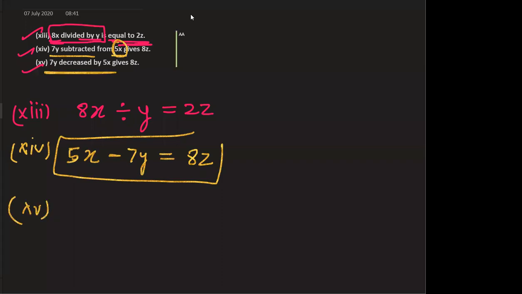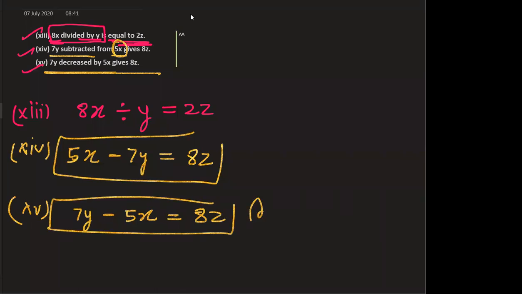Next, 7y decreased by 5x gives 8z. So 7y decreased by means minus 5x gives 8z. This is the algebraic expression. Clear?